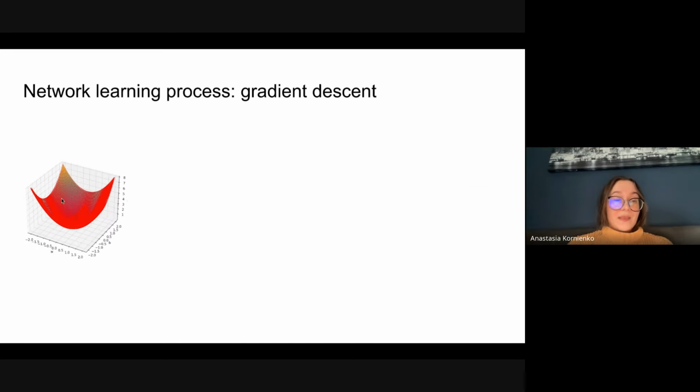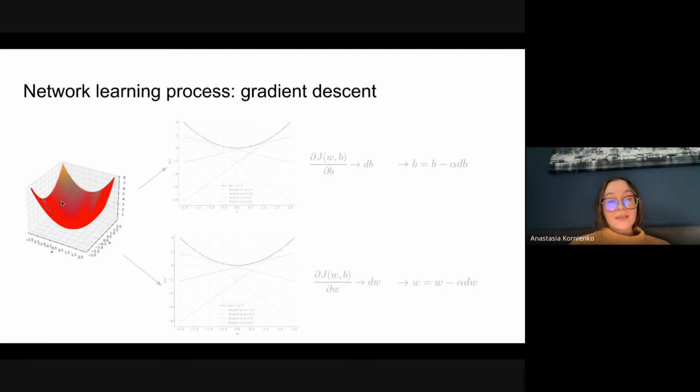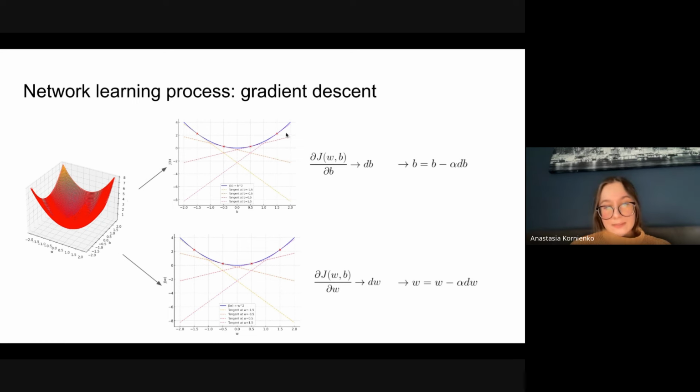So there is a picture of the gradient. These red dots are derivatives at each of these points of the function, and we can do some projections. It's not really how it should be, but for better understanding, we can do it like that.